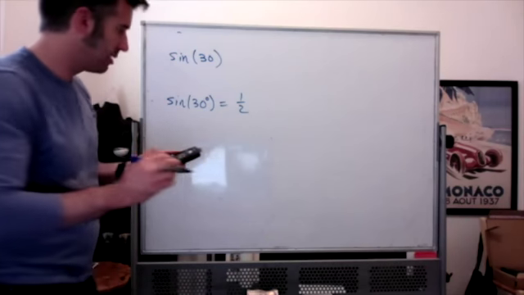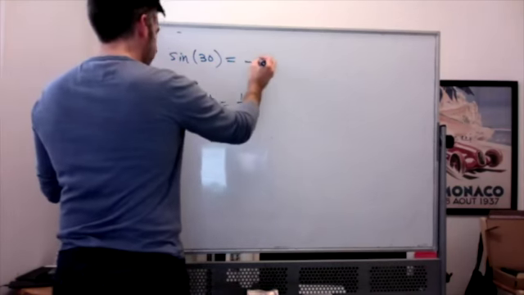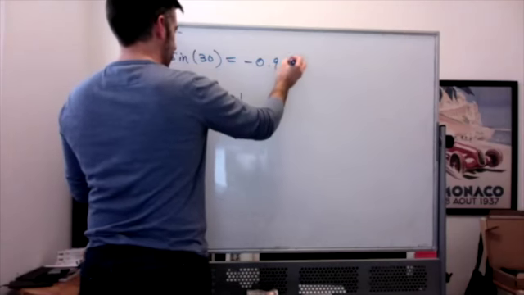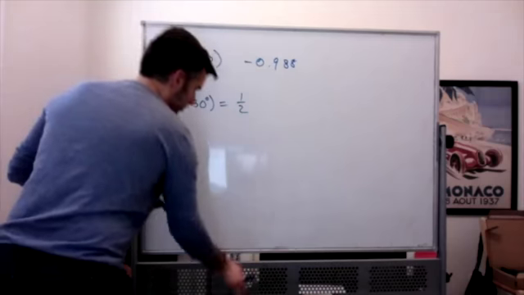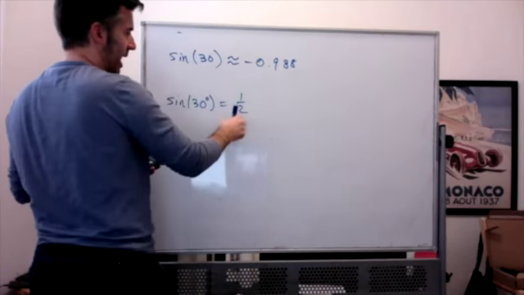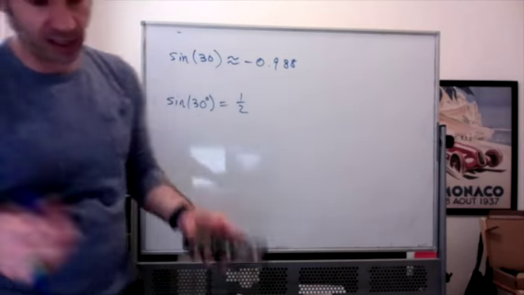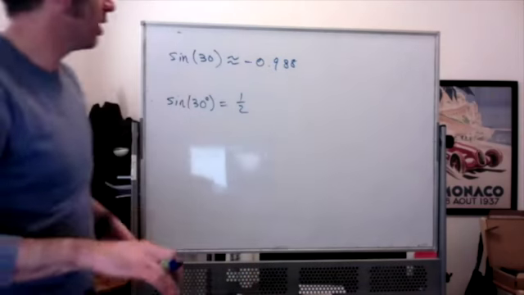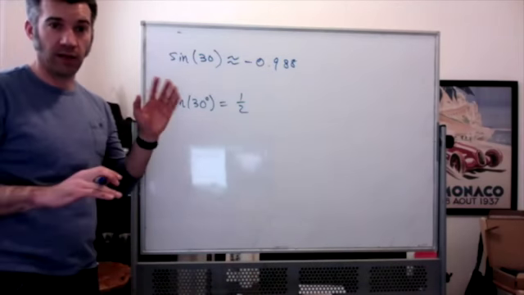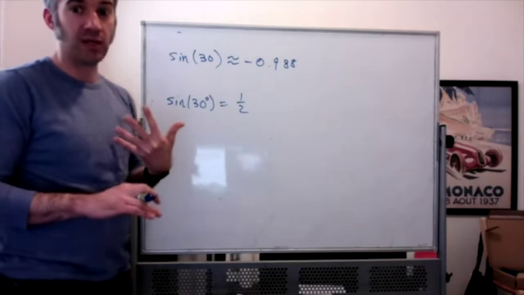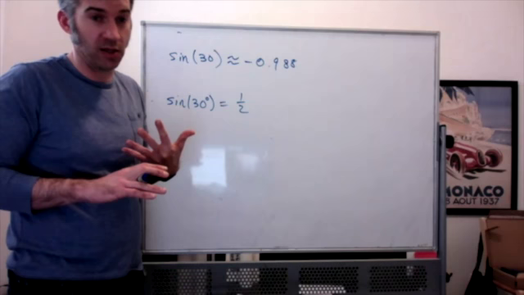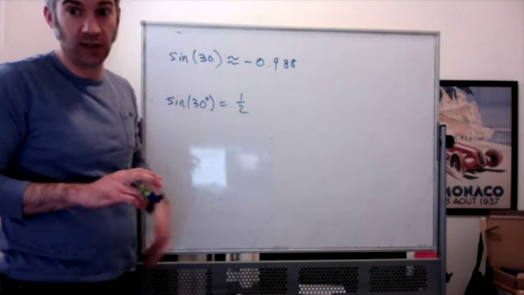Sine of 30 radians, so if I change the mode to radians and find sine of 30 radians, I end up getting negative 0.988, approximately. This is exact, this is approximate, just because of the nature of that particular problem. So for the problems where you have to use a calculator, make sure that if it doesn't say degrees, you're not using degrees, you're using radians.